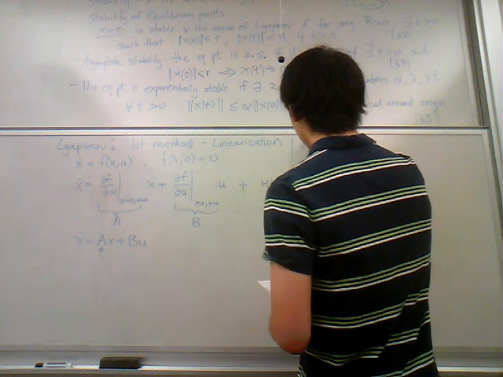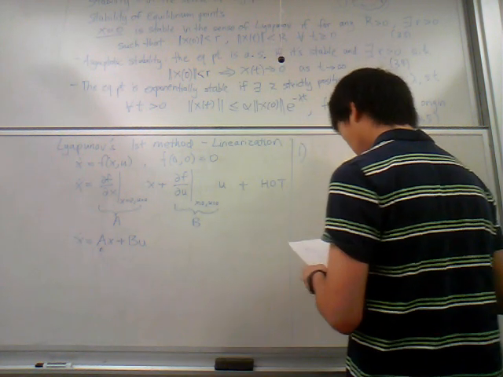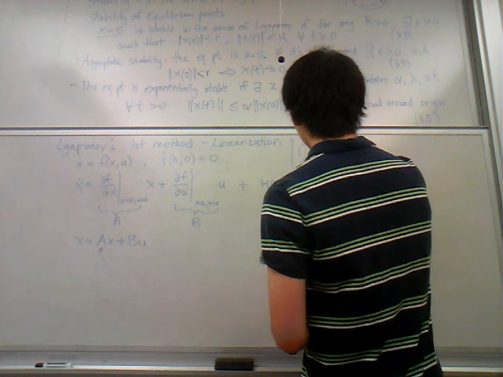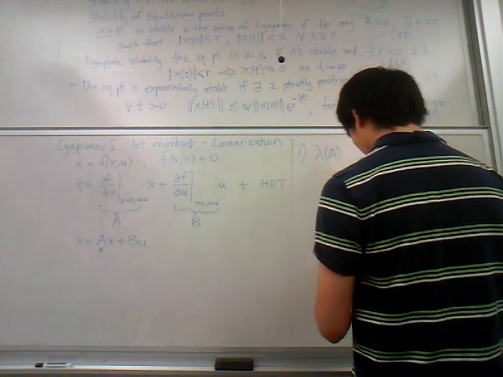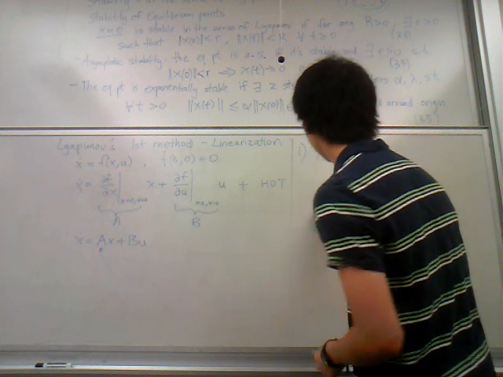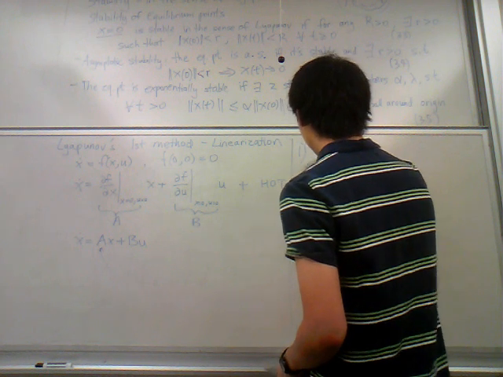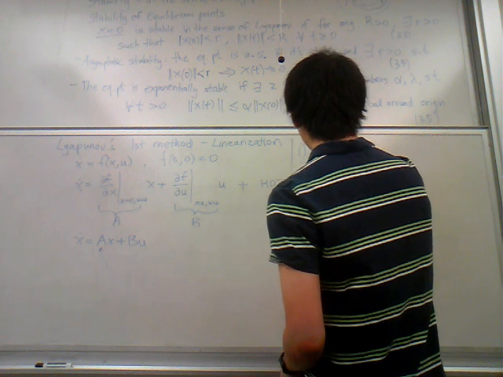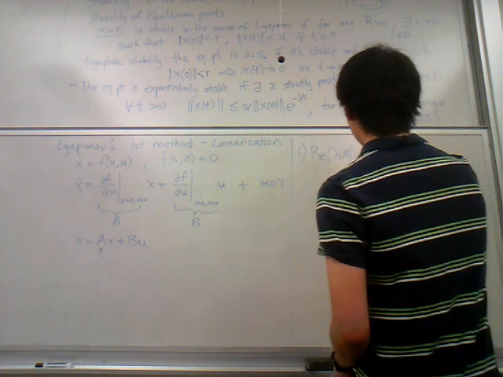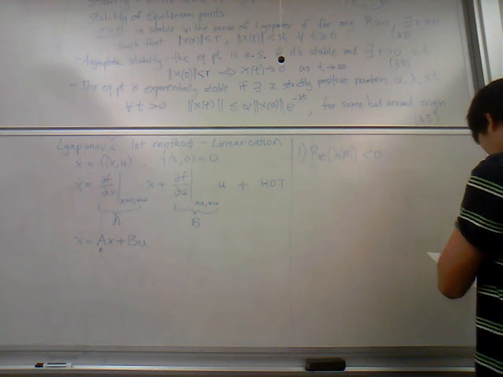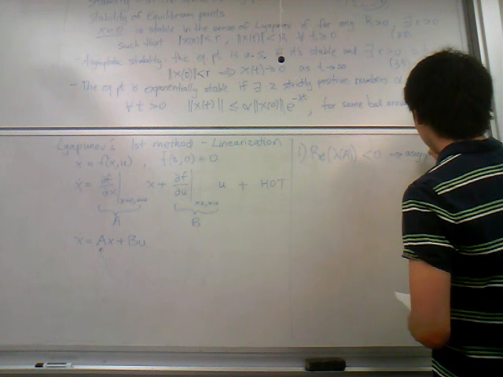Case 1: if the real part of all of the eigenvalues of A are less than 0, then the equilibrium point is asymptotically stable.